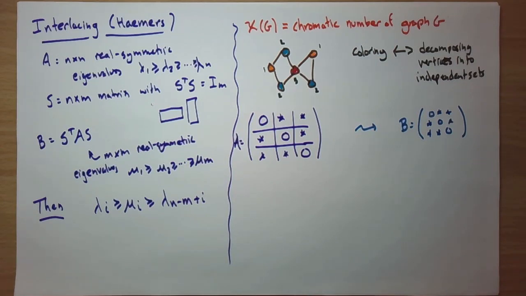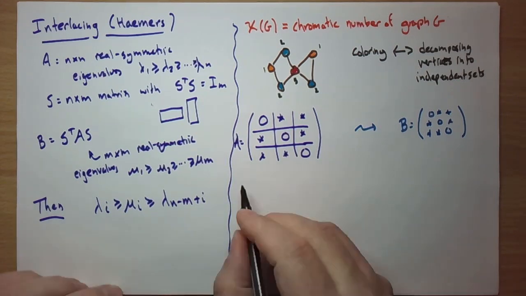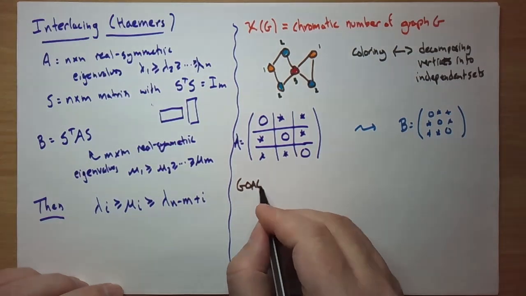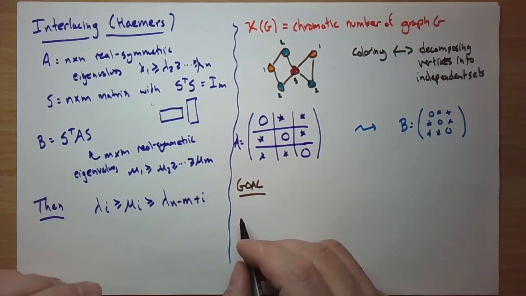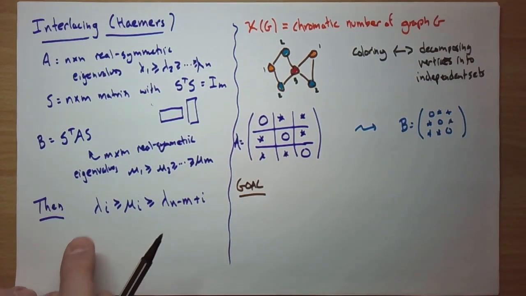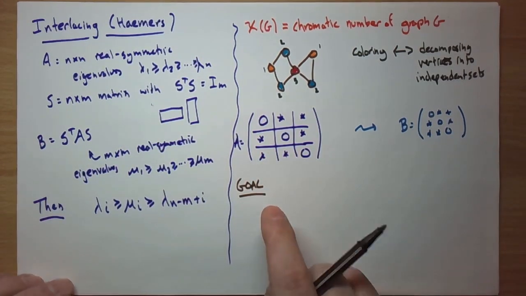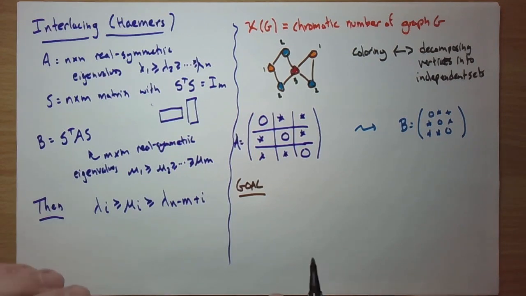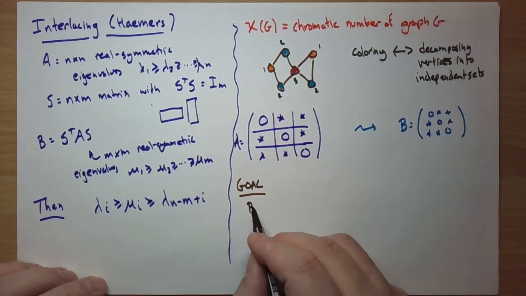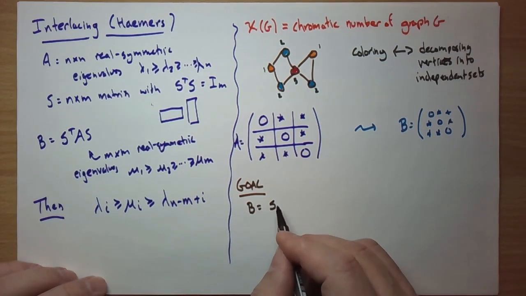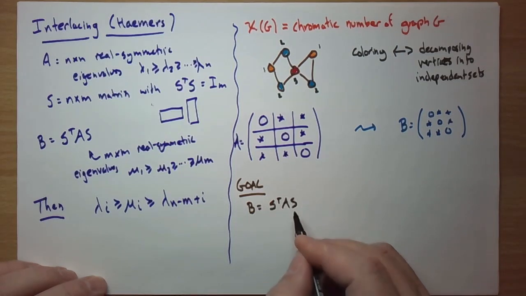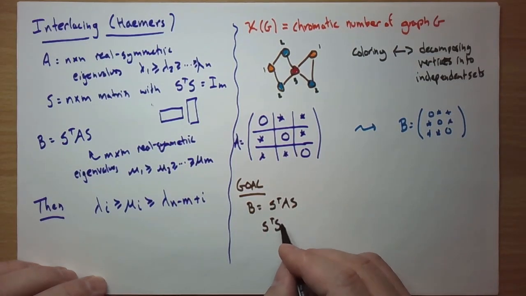So what will we do? We want to find an S so that B is S transpose A S. Okay, that's great. So we want B equals S transpose A S. We want S transpose S to be the identity.